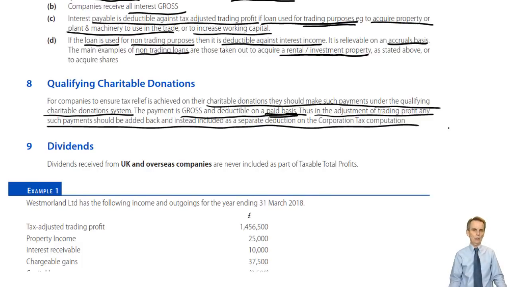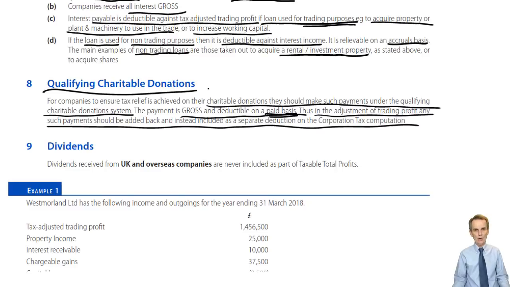It's not allowable as a trading expense, so you add it back. You increase the trading income assessment. But don't worry, all is not lost. We do get tax relief, but as you've seen here, separately on the corporate tax computation as a deduction of qualifying charitable donations.